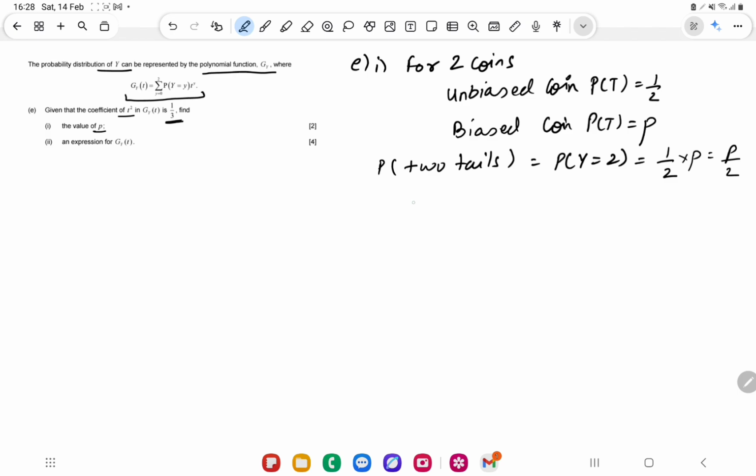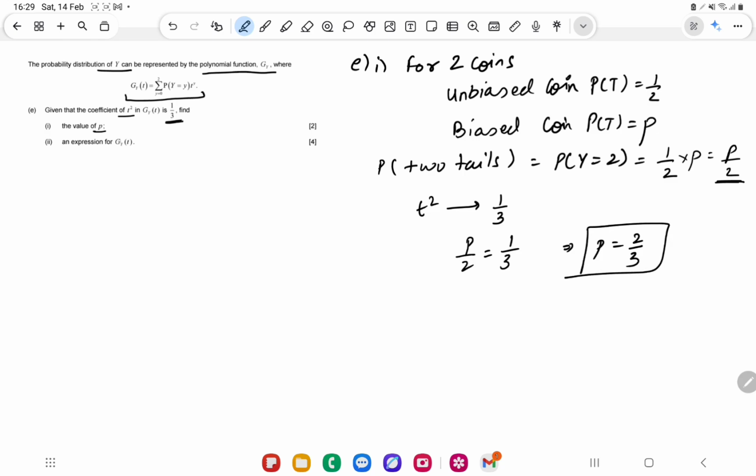Now, given that the coefficient of t square in G of t is 1 by 3 and I am getting my value as p by 2, I can equate. On equating p by 2 with 1 by 3, I will get my p value as 2 by 3. This is how we will solve the first part.